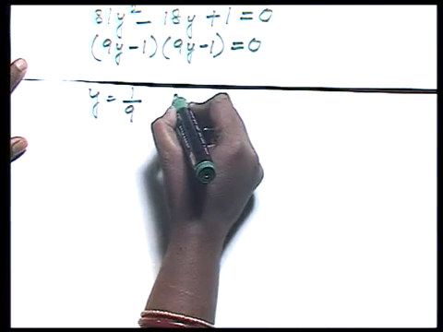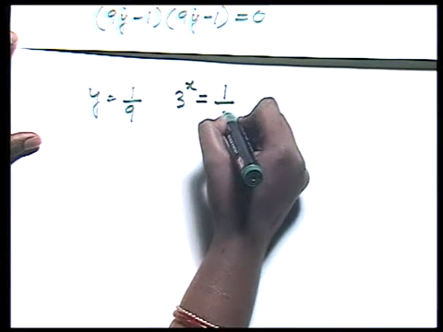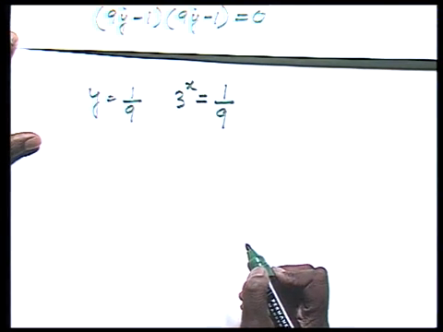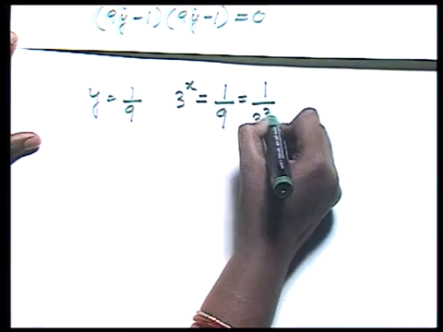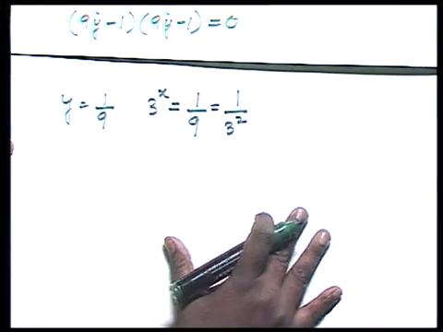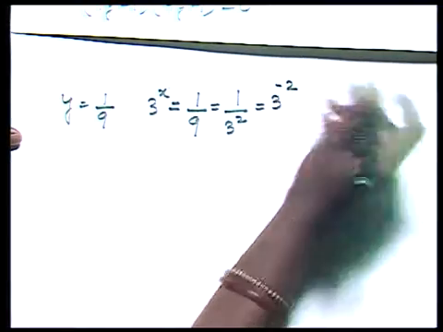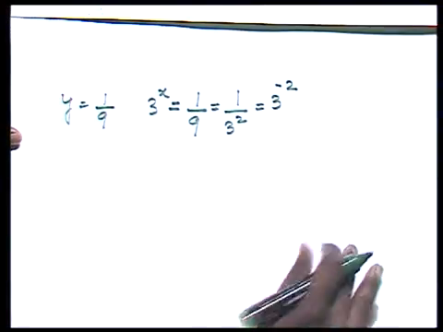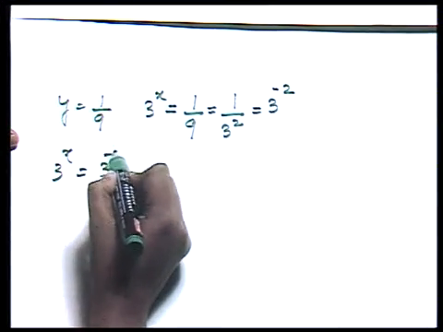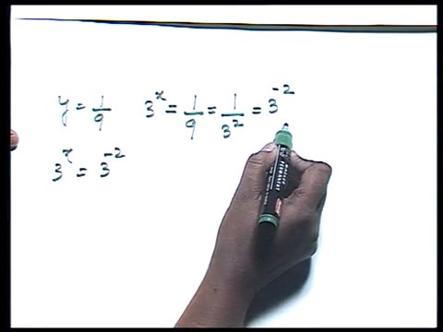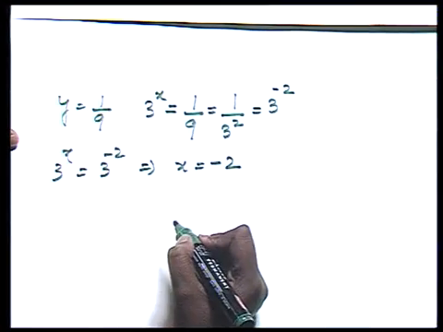So we get 3 raised to the power of x is equal to 1 upon 9, or now this 1 upon 9 can be written as 3 square, which can be further written as 3 raised to the power of minus 2, and thus we find that 3 raised to the power x is equal to 3 raised to the power minus 2, which implies that x is equal to minus 2.